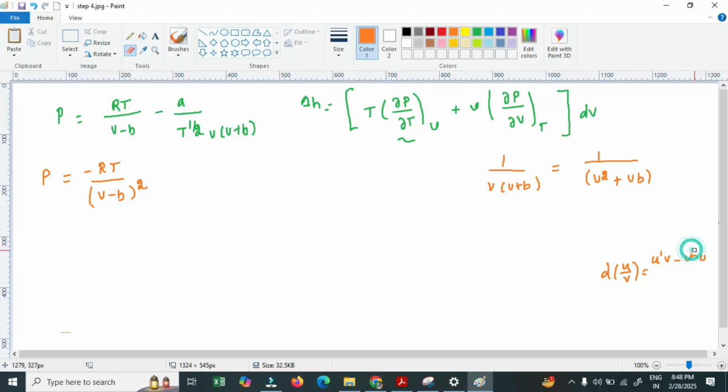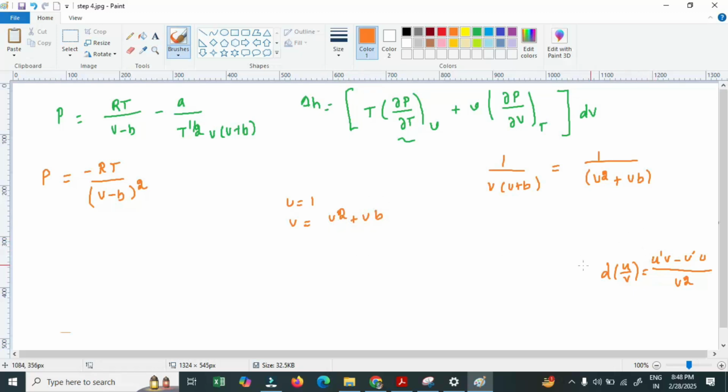Let me apply it here for this term alone. Here my U equals 1 and V equals V square plus VB.